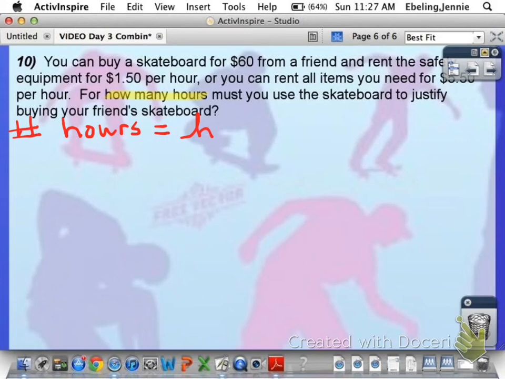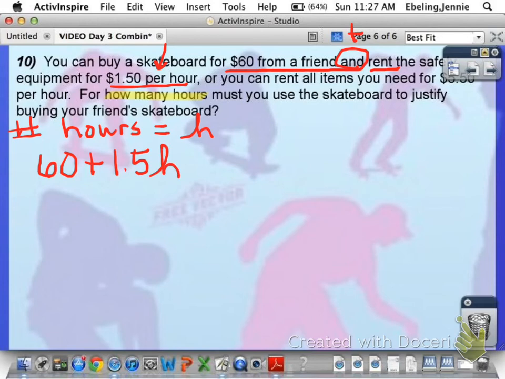I can buy a skateboard for $60 and, so it's an addition, rent safety equipment for $1.50 per hour. If I start writing that out, I have $60 I have to pay and is adding $1.50 per hour. This word per means to multiply. So I take my $1.50 and I multiply it by how many hours, which I don't know, so that's my H.